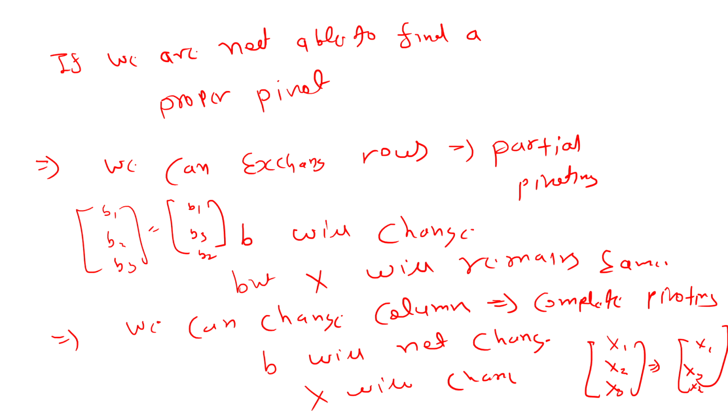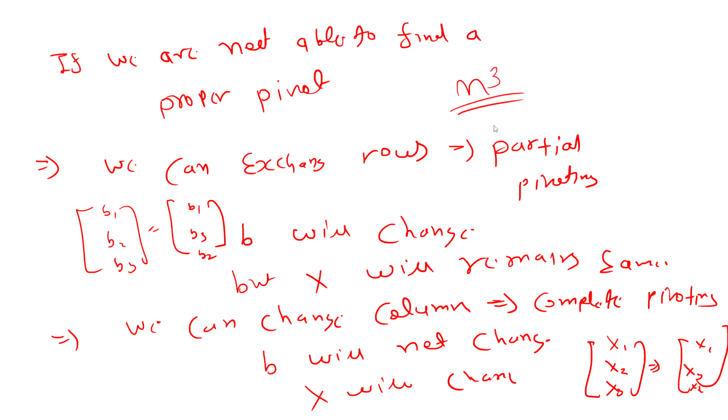In complete pivoting, X changes, that means X1, X2, X3 will become X1, X3, X2 or X3, X1, X2, whatever way we exchange the columns. And the order of operations is n cube.